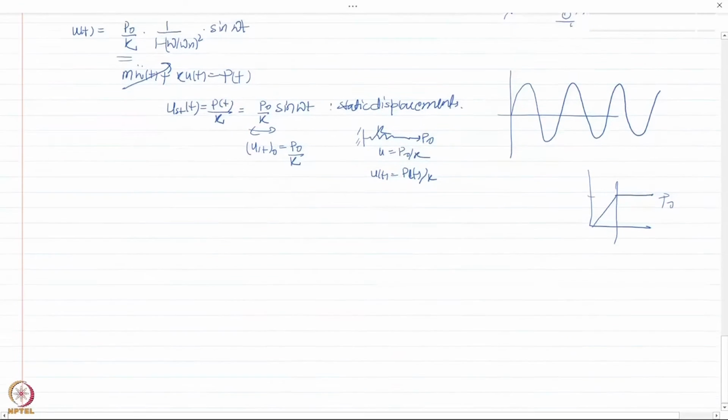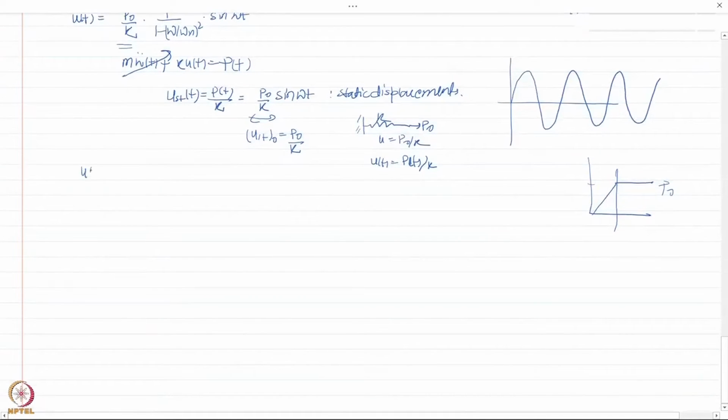So I'm going to write my u of t, or the dynamic displacement, as the static displacement times this term times sine omega t. You need to understand what this u of st naught means. u of st naught is basically the maximum value of static displacement for a time varying load.